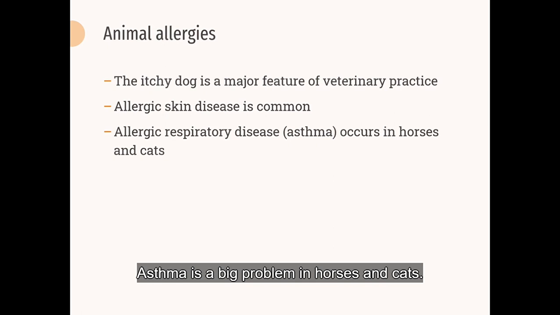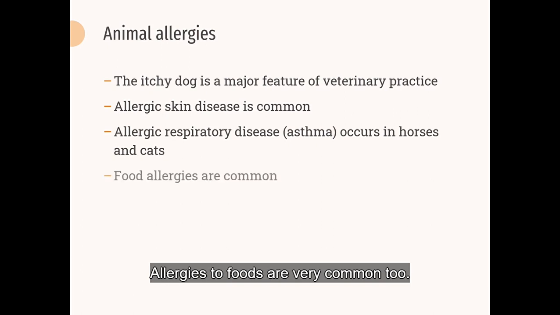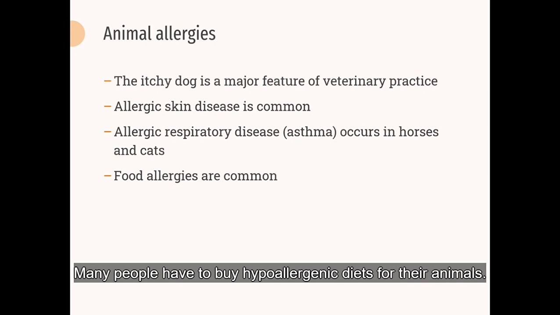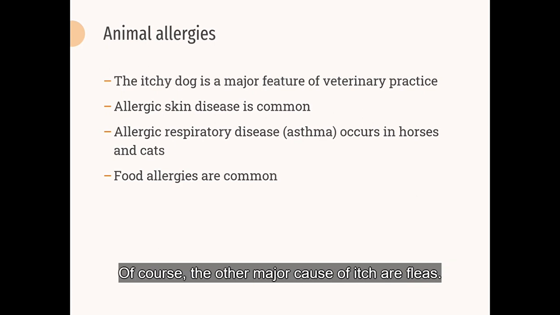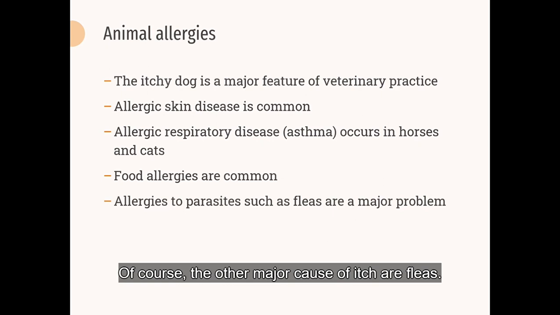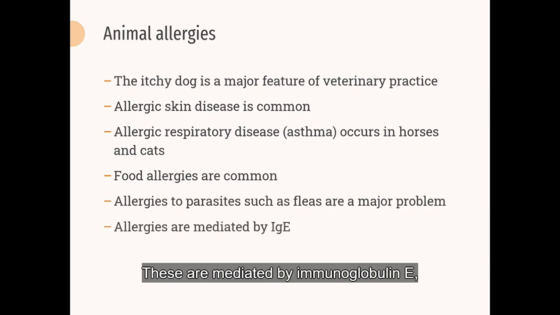Asthma is a big problem in horses and cats. Allergies to foods are very common too, and many people have to buy hypoallergenic diets for their animals. And of course, the other major cause of itch are fleas. So these are mediated by immunoglobulin E, IgE, a form of the adaptive immune response.